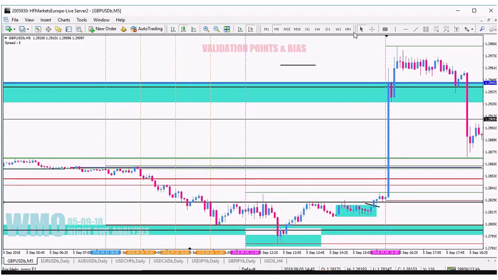Price rallied up. We have a nice market structure break over here. You won't be able to take the trade there. But if you went into looking at validation points, 5 minute close aggressive above, that's 1 point opportunity to trade. Aggressively above, opportunity to trade. Aggressively above, opportunity to trade over here.